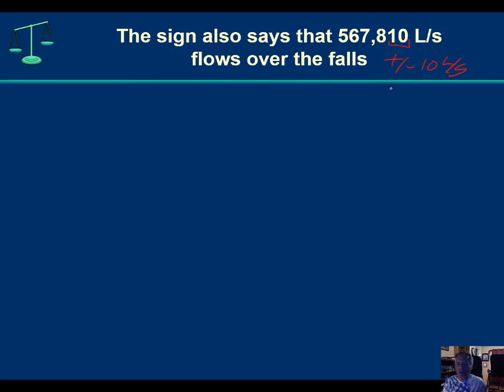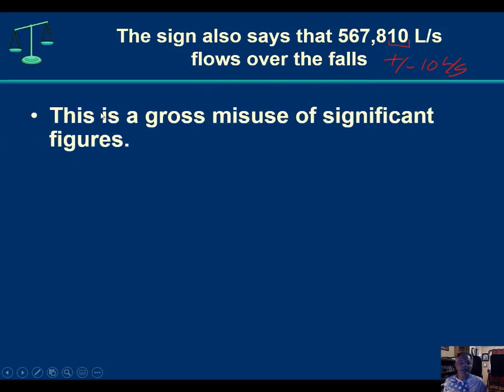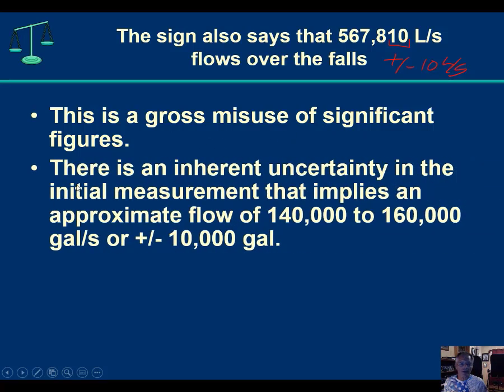Is there anything in your mind that says that is a reasonable comparison in terms of levels of uncertainty? And the answer to that is no. And it's covered in an area of measurement known as significant figures. Okay? And so let's take a look at that.